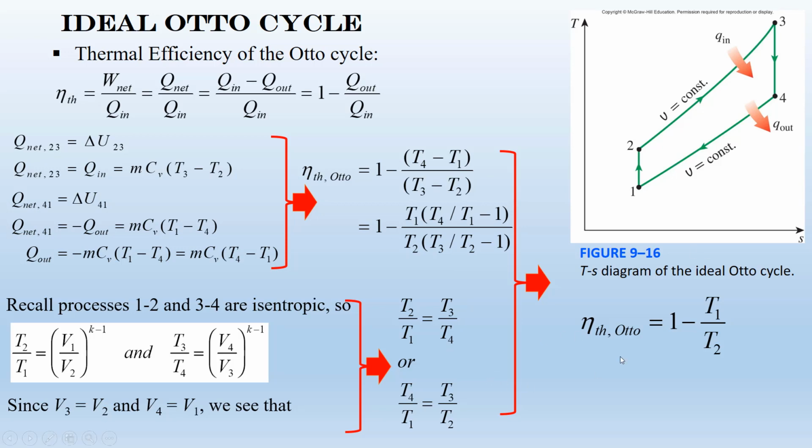This equation is valid for ideal Otto cycles with constant specific heats. If you are asked to solve the problem with variable specific heats, or if you believe that constant specific heat is not a good assumption, you are not allowed to use this equation.